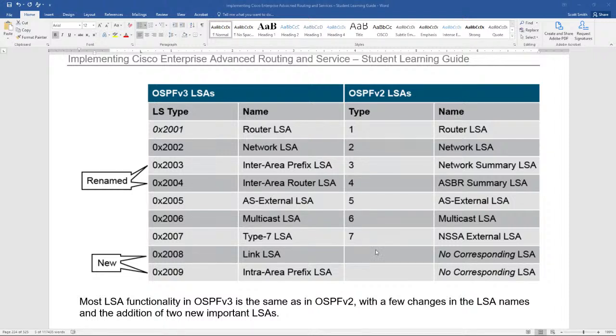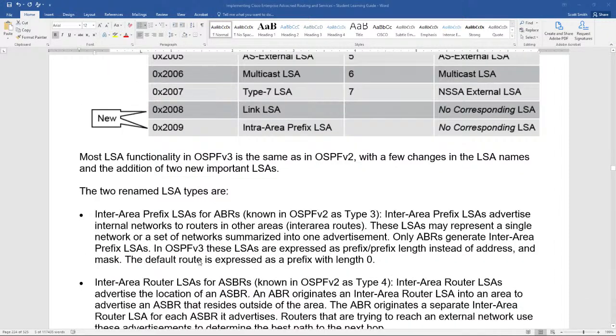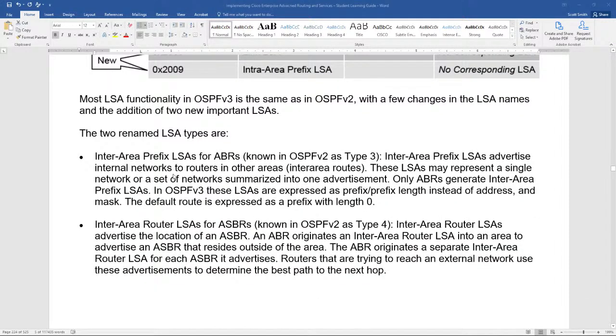All right. In OSPF v2, we don't have 8s or 9s because in OSPF v2, that's IPv4. 8s and 9s are used to describe IPv6 concepts and IPv6 LSA types. All right. In fact, we kind of see that right here. This is just the renamed LSA, the inter-area prefix LSA, known as a type 3.